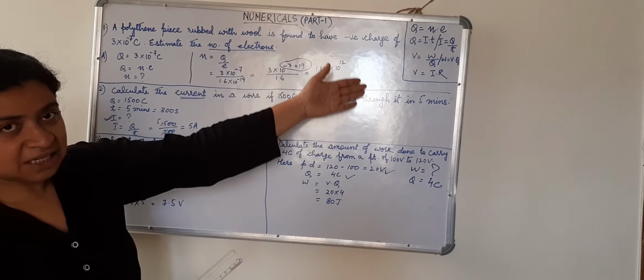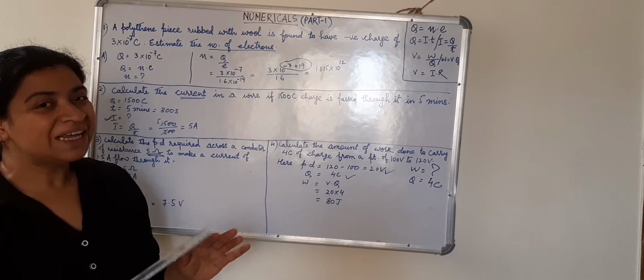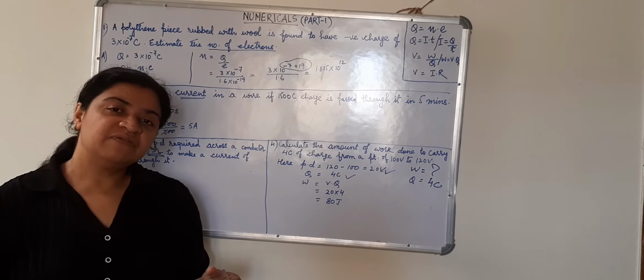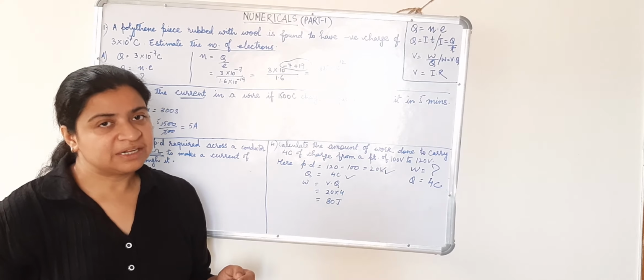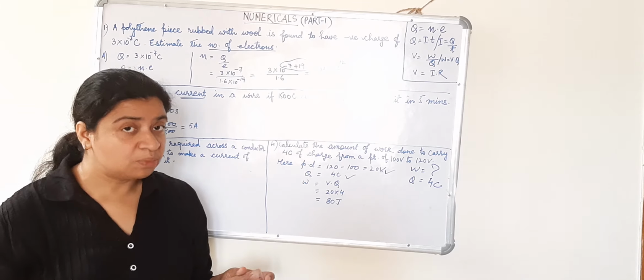We have discussed these 4 equations. Whenever we do the numericals now, you have to keep the equations in mind. These numericals are very, very important, children, from the examination point of view. I am not talking about your home exam, I am talking about your board exam.